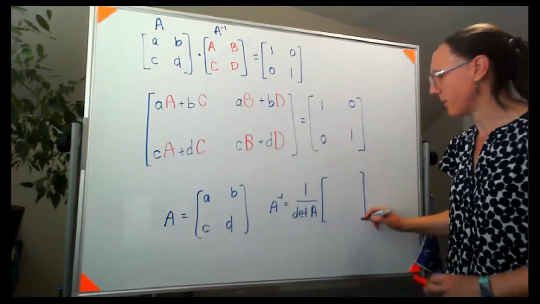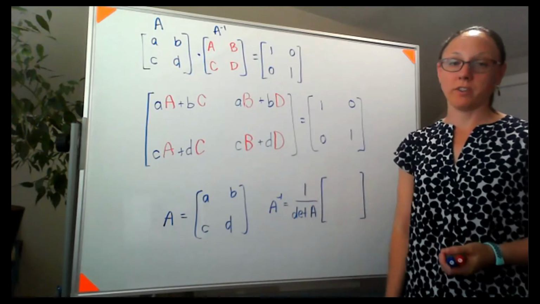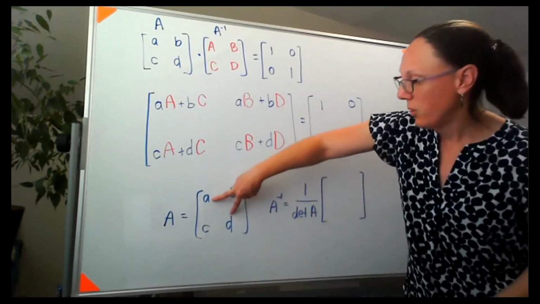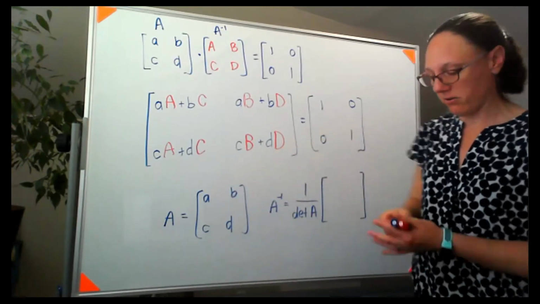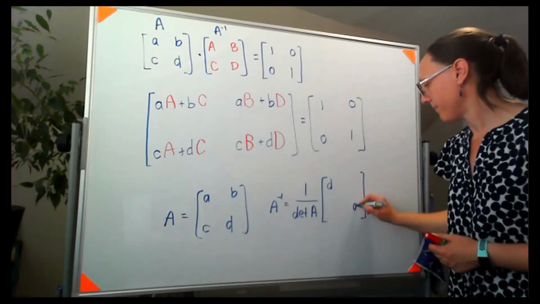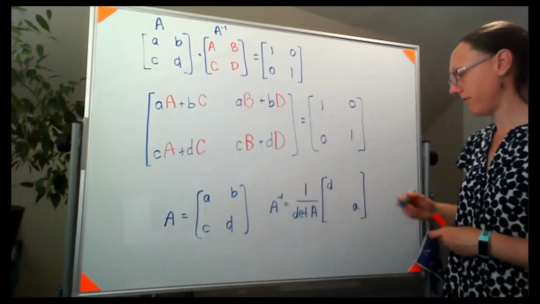And then I'm going to put this matrix here. So we have to compute the 1 over the determinant part, and then what goes in here, the way I remember it is we flip the diagonal, and we make the off diagonal negative.